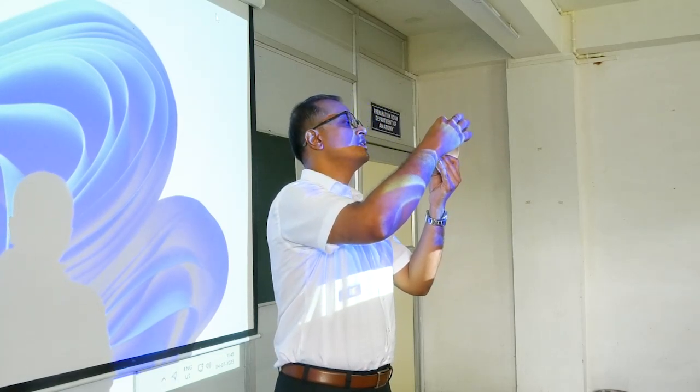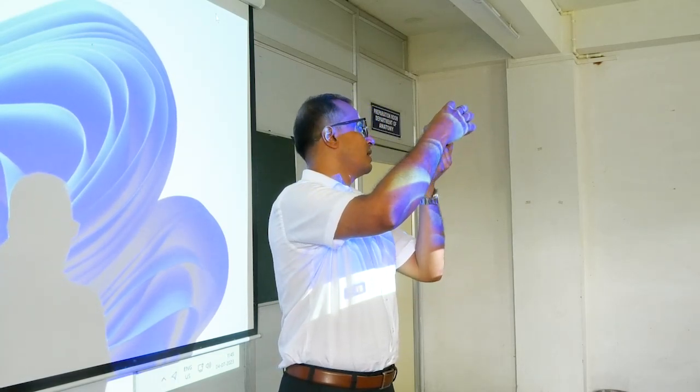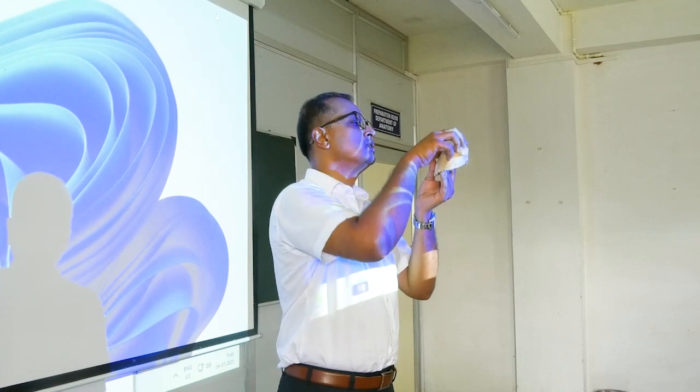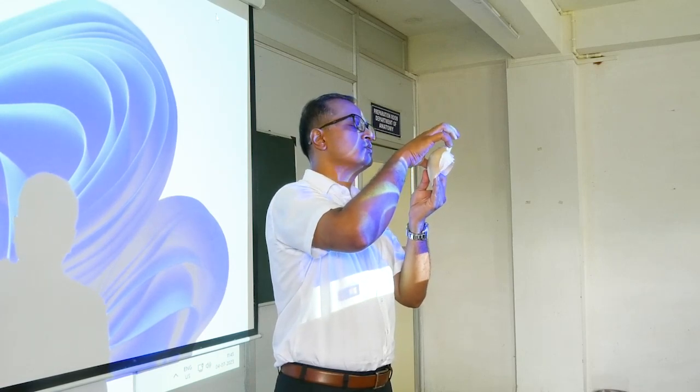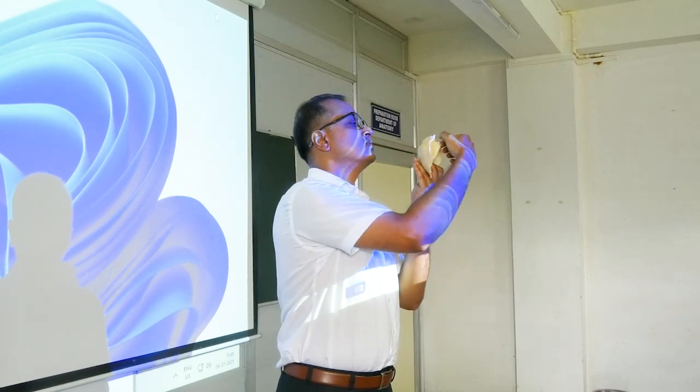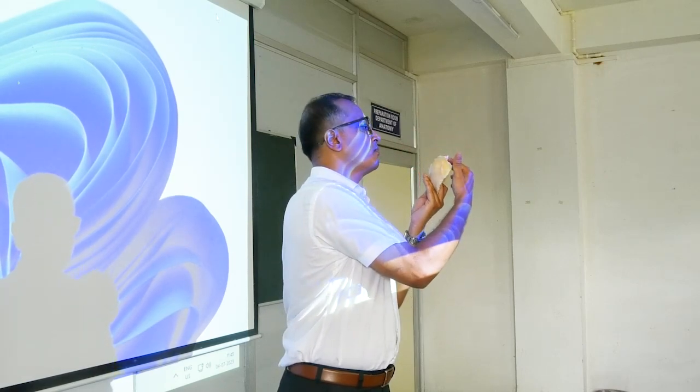Now, in between these two orbital plates in the front side we have a gap, which we call the nasal notch. It is present on the nasal side on the midline. Below this midline we have a deficiency, which we call the nasal notch. Followed from the nasal notch, on the sides of the orbital plate we have a gap, which we call the ethmoidal notch.